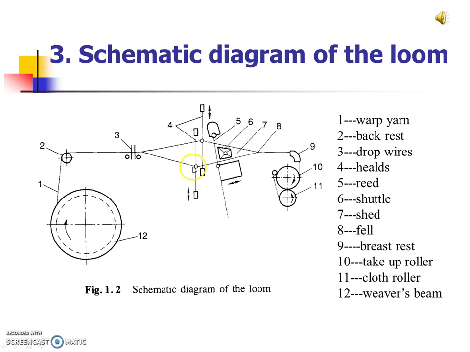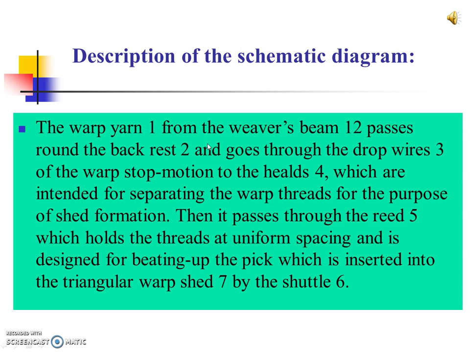With the help of heald frames, this warp sheet is now divided into 2 layers, which is called the shed. Then it passes through the reed, which holds the threads at uniform spacing, and it is designed to beat up the pick, which is inserted into the triangular warp shed 7.